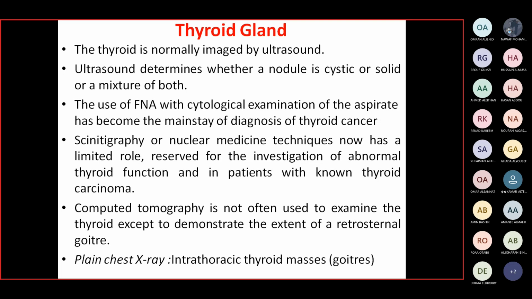Scintigraphy or nuclear medicine is used when we are interested in the investigation of abnormal thyroid function. CT is not used commonly, but it can be used when there is retrosternal extension of the goiter. Plain X-ray can also be used, but CT is used more commonly than plain X-ray for intrathoracic extension of thyroid masses or goiters.